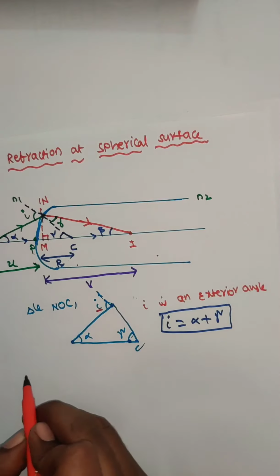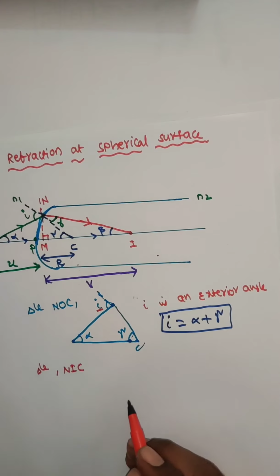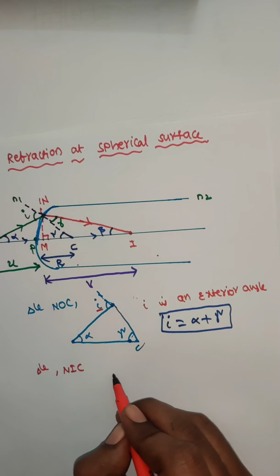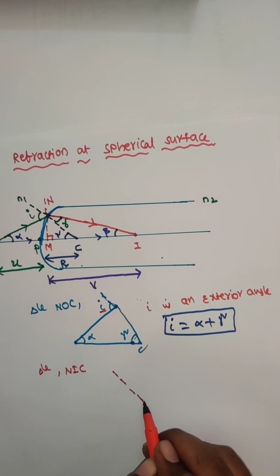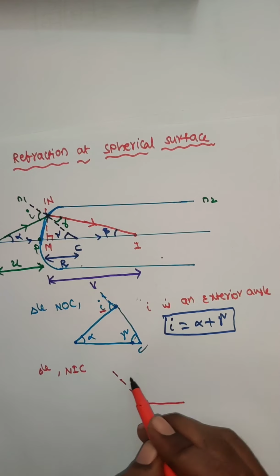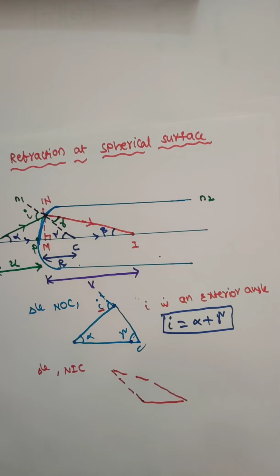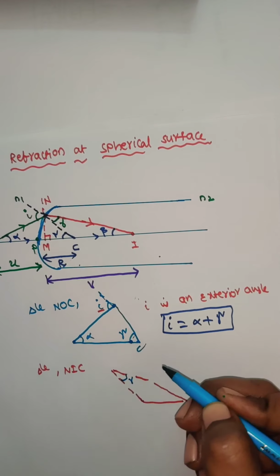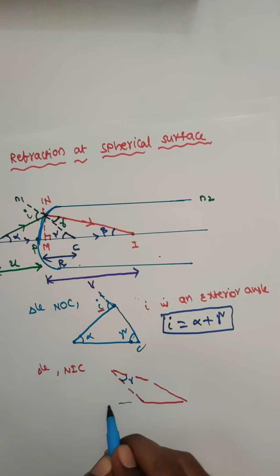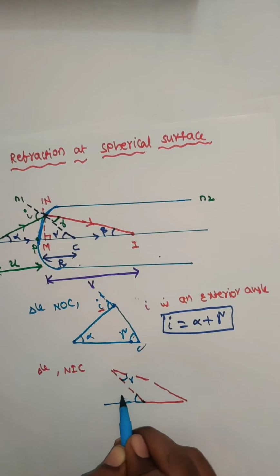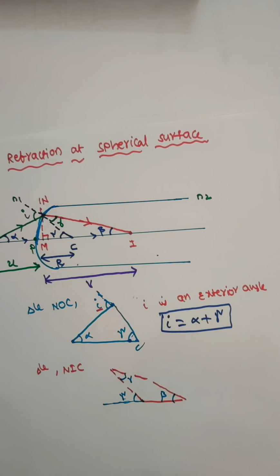Similarly, you can take triangle NIC. Triangle NIC, here the angle r, the angle of refraction r. So if you take here, this is gamma, and this is beta.